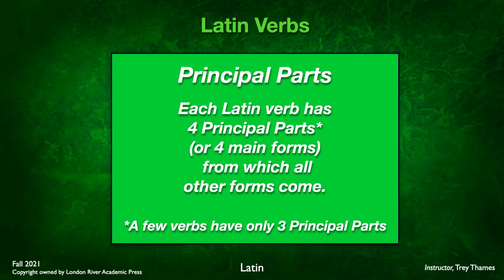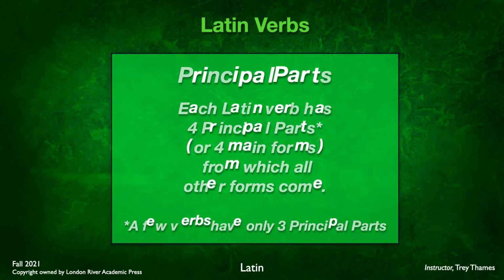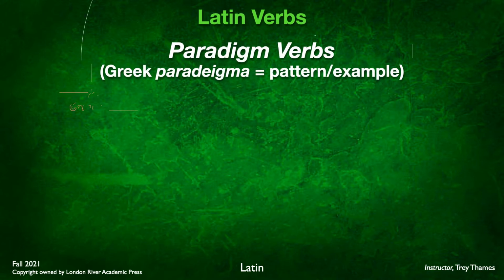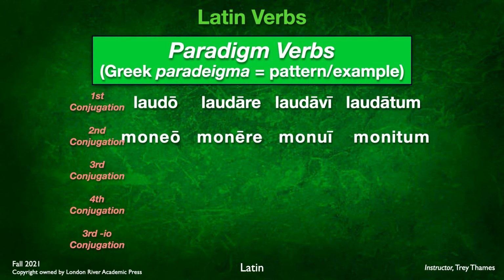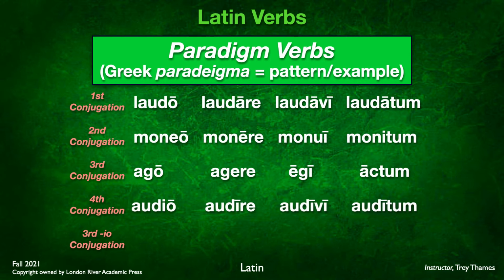Just a quick note here, there are a few verbs, as you will notice in your vocabulary lists, that only have 3 principal parts. There are reasons for that we'll get to later, but just know that almost all Latin verbs have 4 principal parts. Now, when we memorize the different patterns of Latin verbs, we'll talk about paradigm verbs or pattern verbs.